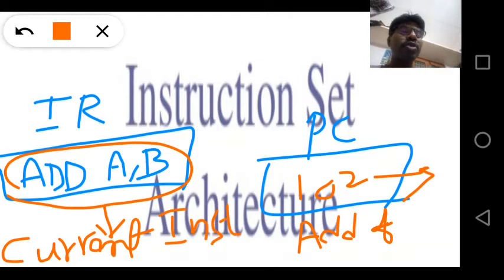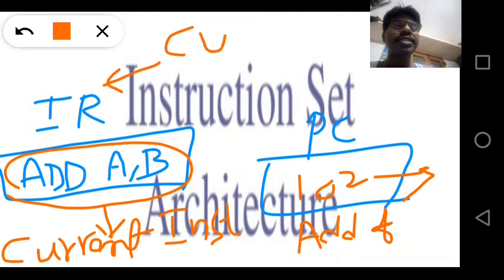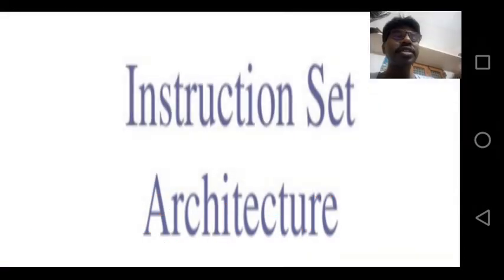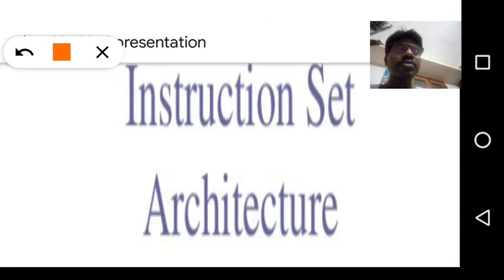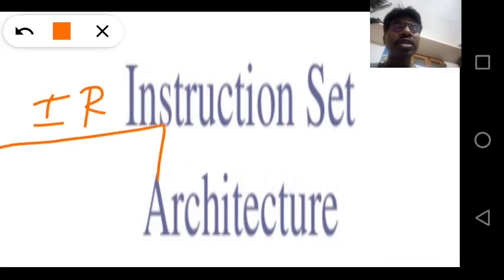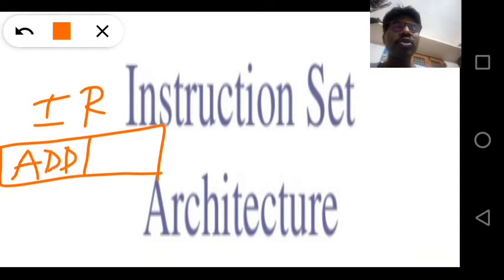So once the processor or control unit gets this instruction, all of you know that an instruction contains two parts: one is opcode and the other is operands. If this is my IR, this IR contains two parts: instruction opcode and operands.